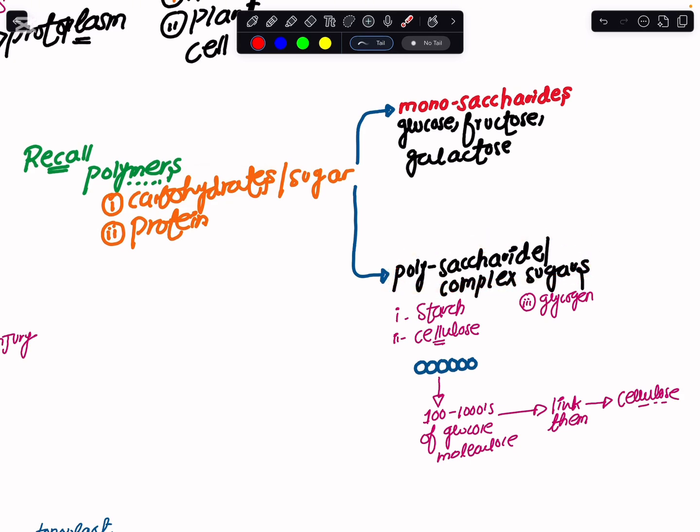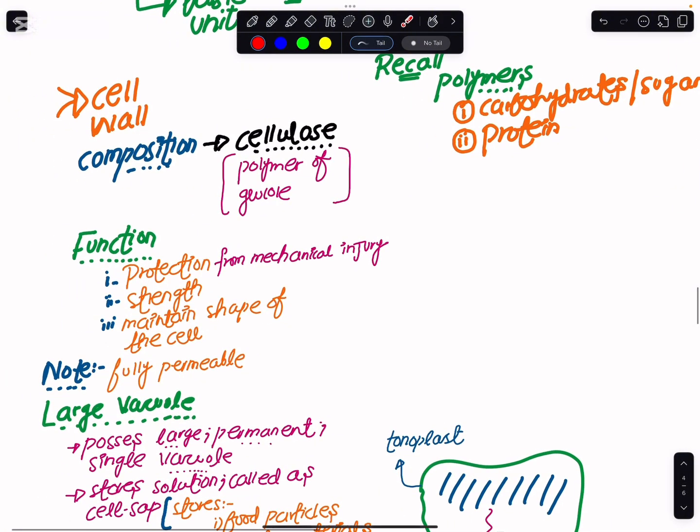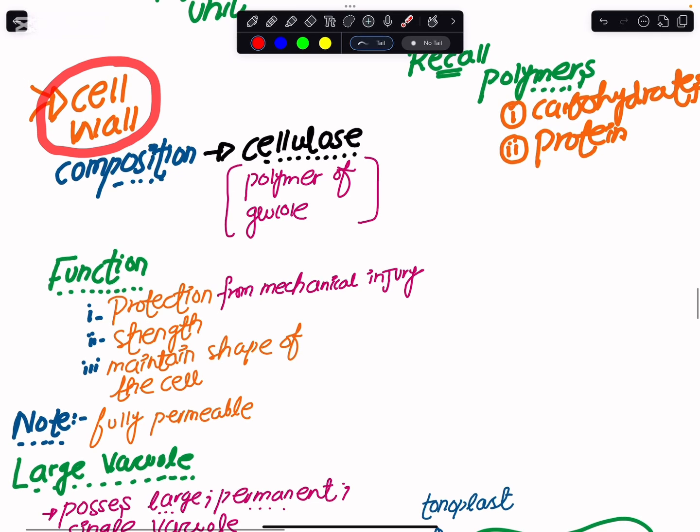Among those complex sugars, there are words to remember. One is starch, and you have to remember the words glycogen and cellulose, that they are the complex sugars. How they are formed, we will look at in the chapter on biological molecules. Okay, so the situation here is, why was it necessary for the plant cells to possess the cell walls?